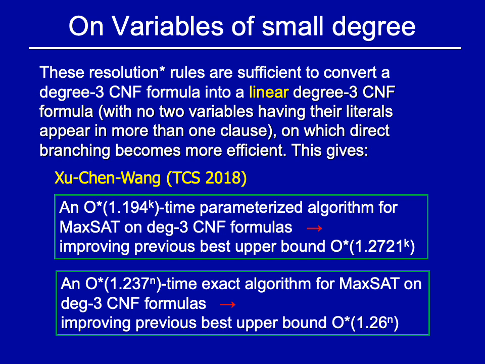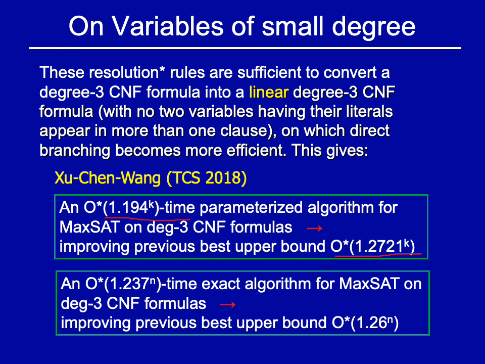We have a 1.194 to the k algorithm. This is very recent, and that algorithm improves the previous best algorithm, which has a complexity of 1.2721 to the k.